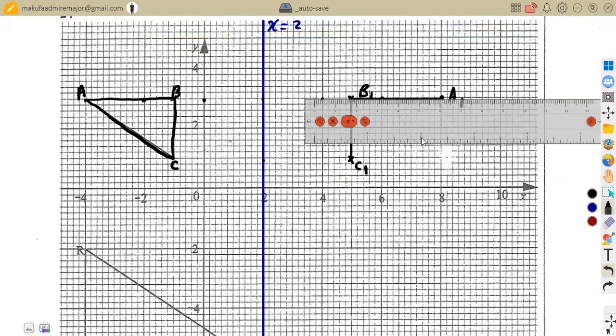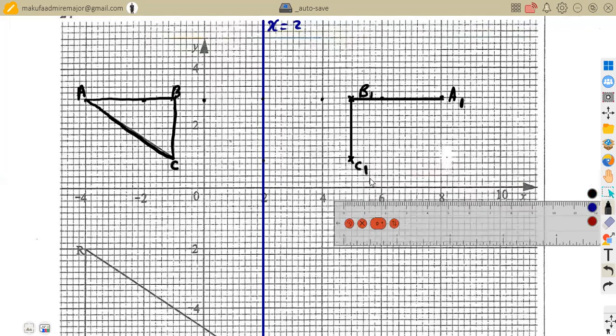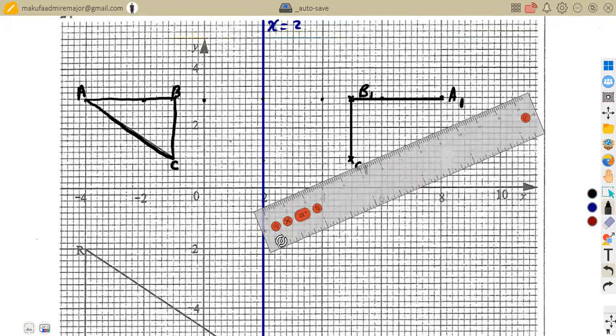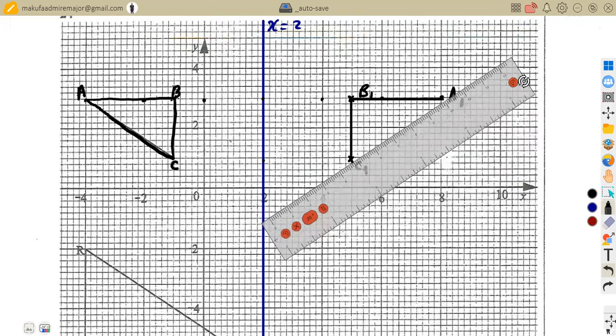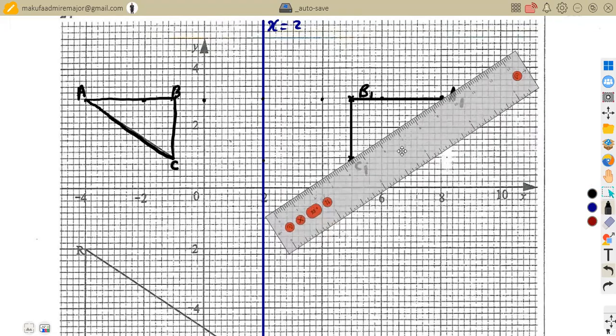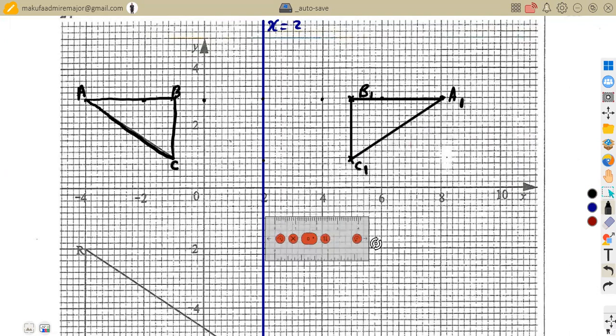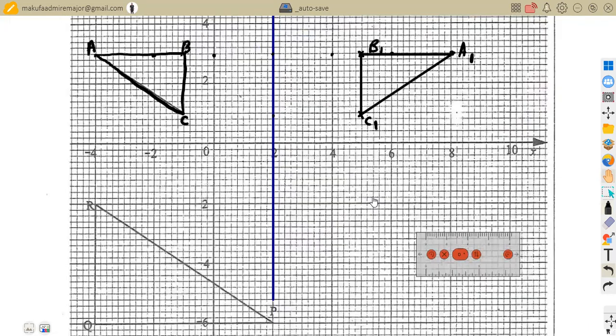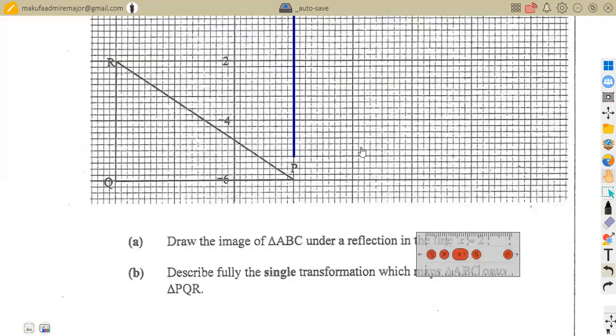Then the remaining part we can just combine these two. So let us combine and see what we are going to have at the end, something like this. So there we're just going to join these points. So that is how you draw a reflection. Distance to the mirror line is the same as the distance to the image. You mark your points, then from there you join them.